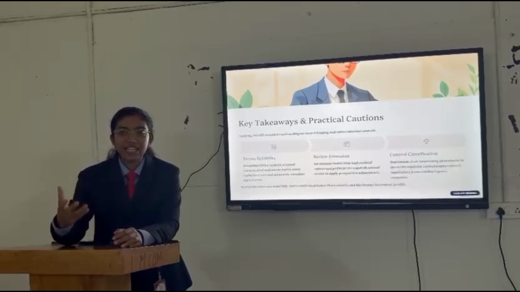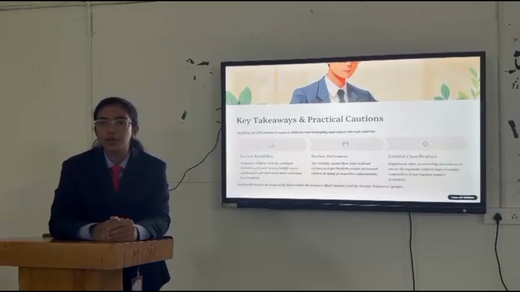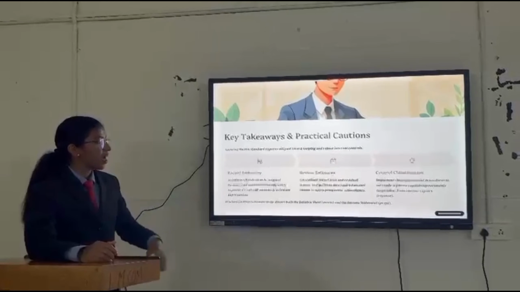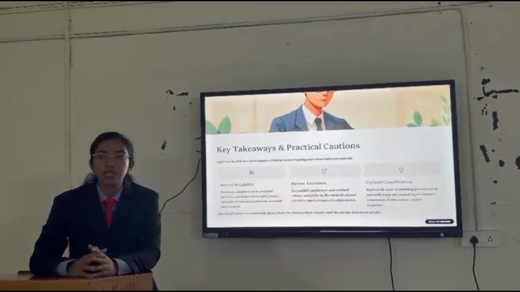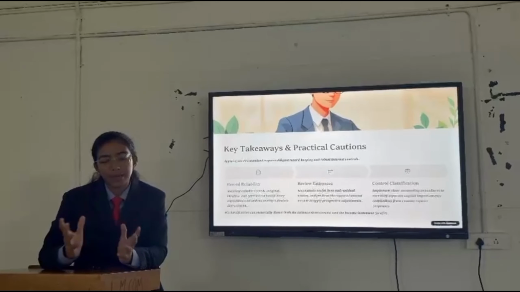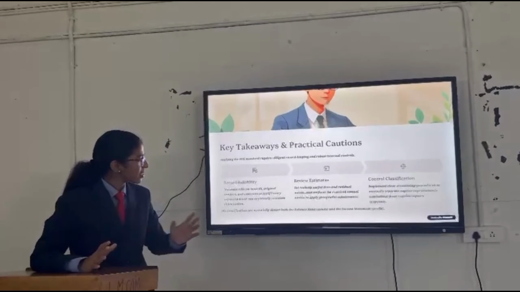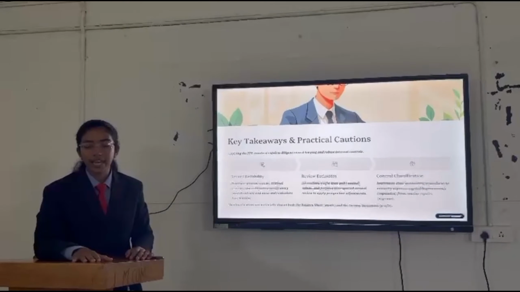Set realistic useful lives and residual values and perform the required annual reviews to apply prospective adjustments. And third one is control classification. Implement clear accounting procedures to correctly separate capital improvements. So these are the three key takeaways and practical cautions to be followed.